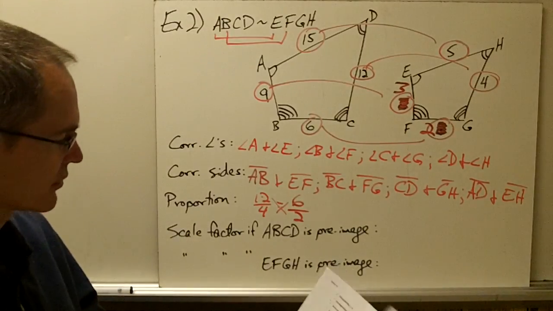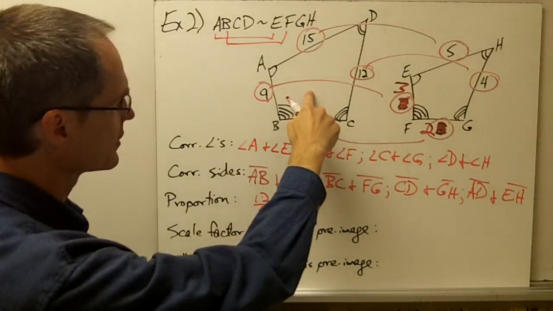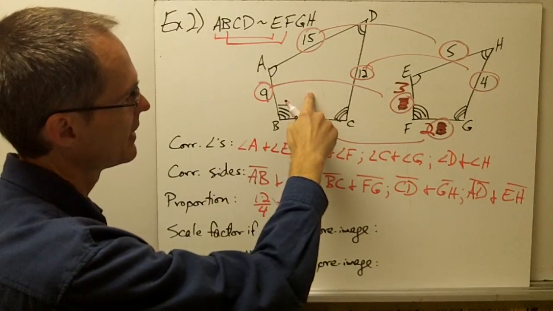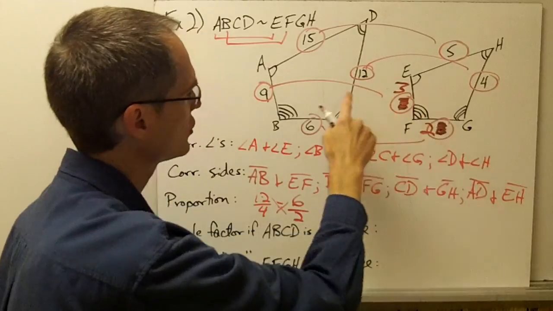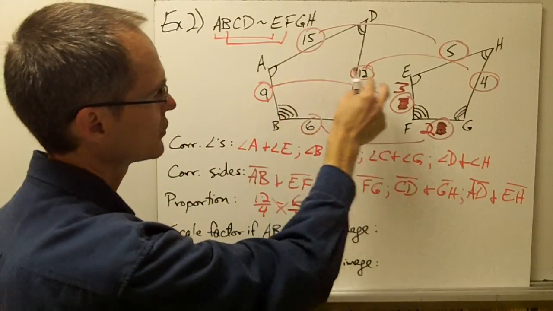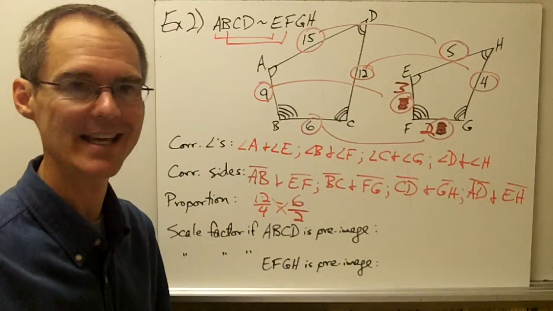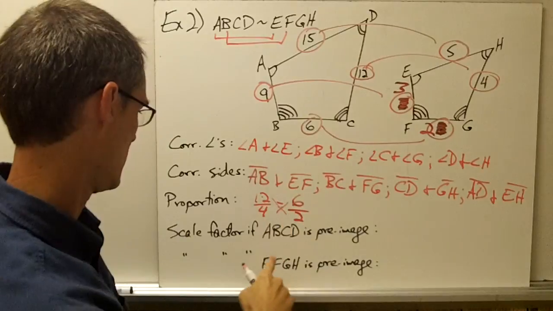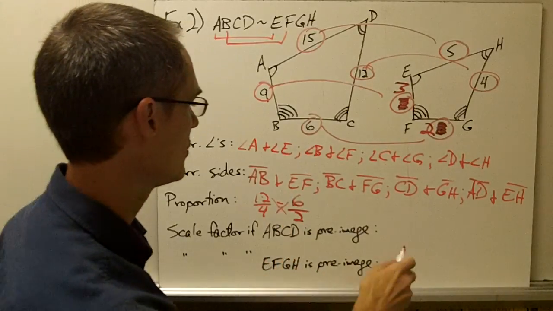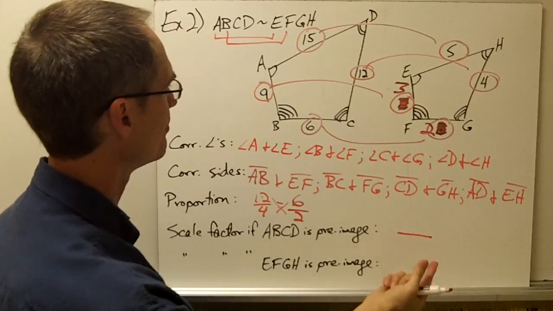Okay, my scale factors. Write the scale factor if ABCD is the pre-image. So if this is my pre-image and this is my image, I can see I'd be going from a larger figure to a smaller figure, so I'm going to expect that my scale factor is going to be less than 1. So I need a ratio, and I need to put my pre-image side on the bottom.